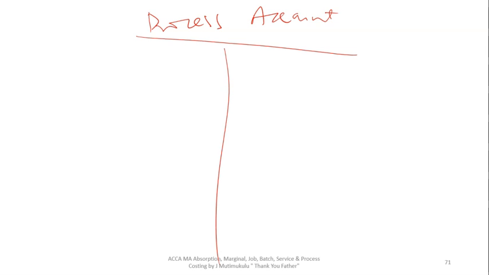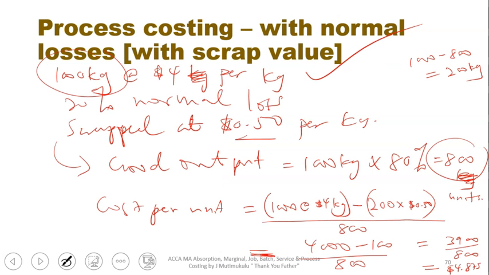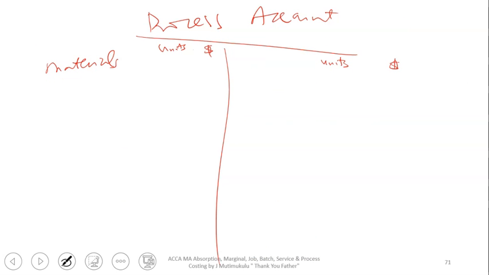The process account should look like this. As usual, we have got our materials. In terms of the units, said units or quantity, dollars, units, dollars. The units were input as 1000 kgs.